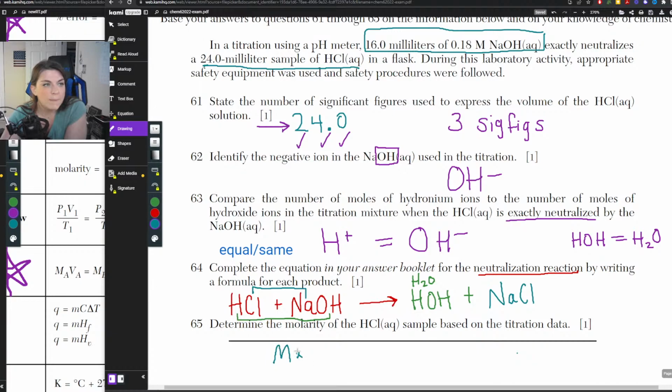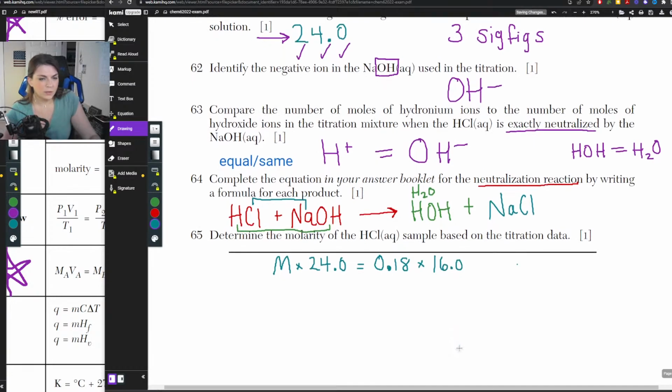We're going to multiply that by the volume of the acid, the 24 milliliters from up top. That's going to be equal to the molarity of the base, 0.18. We're going to multiply that by the 16 milliliters for the volume. 0.18 times 16 is 2.88.